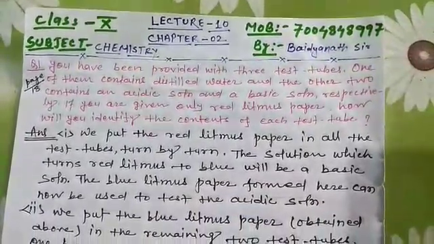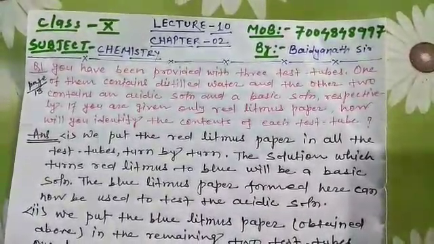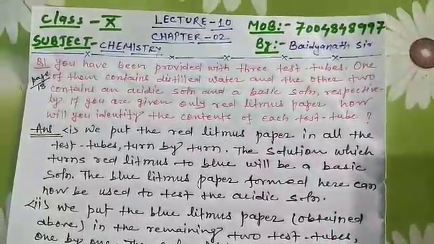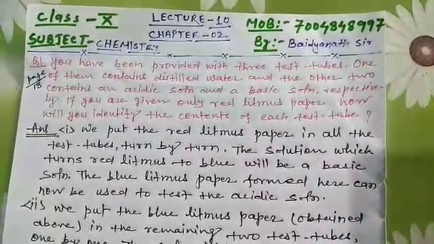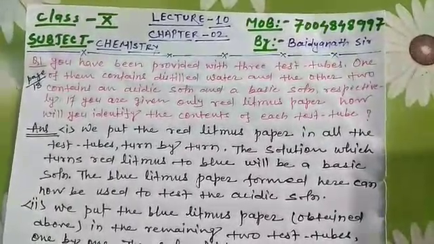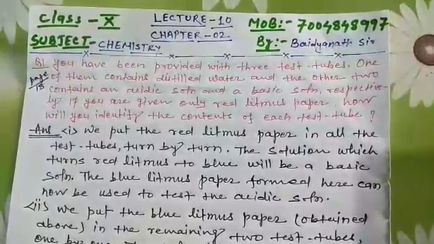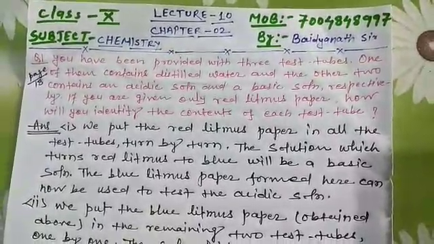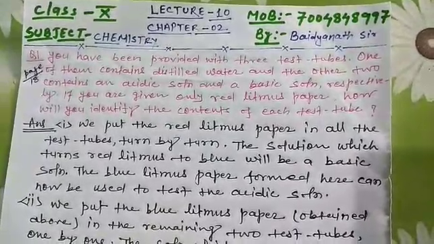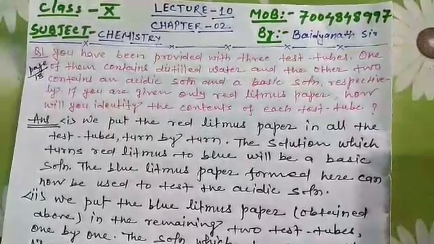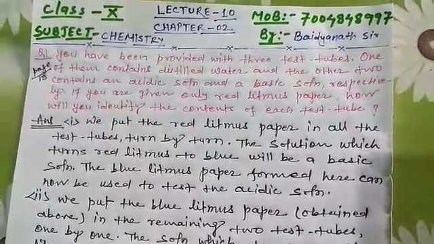Means, dear students, you have been given 3 test tubes. One of them is distilled water and the other 2 contain an acid solution and a base solution. But you have only one litmus paper, that is red litmus paper.